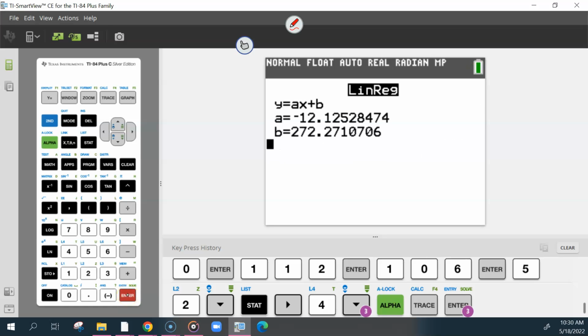So what did you do? Stat, calculate, number 4, go down to store regression equation, hit alpha trace, and then hit enter 3 times.